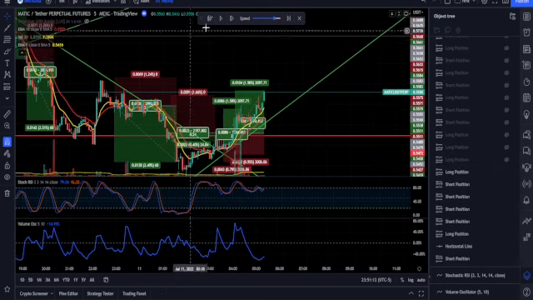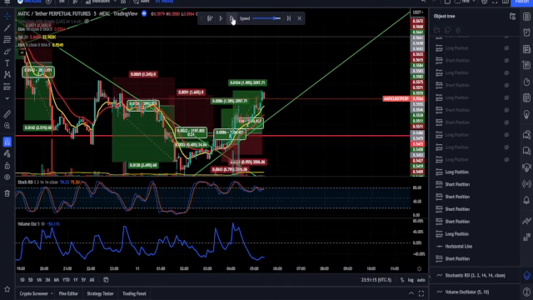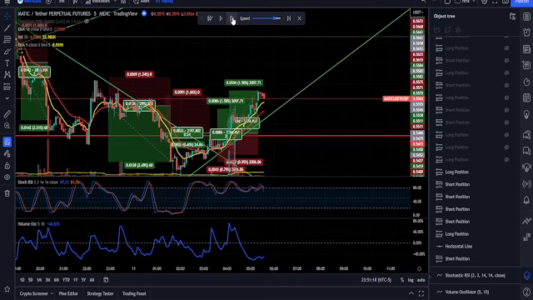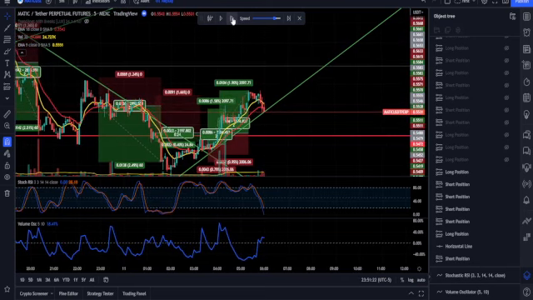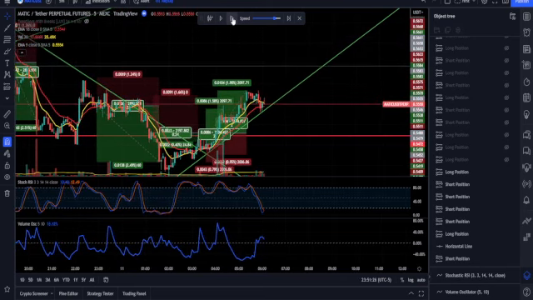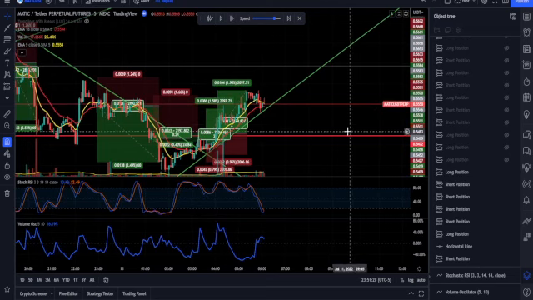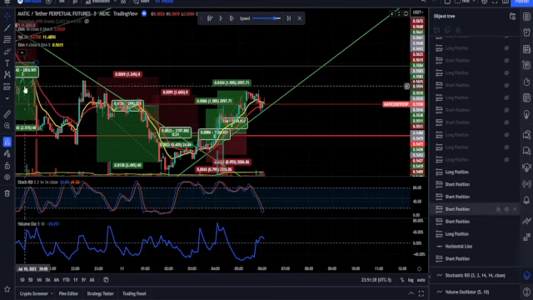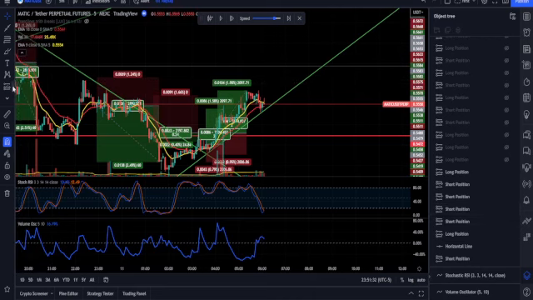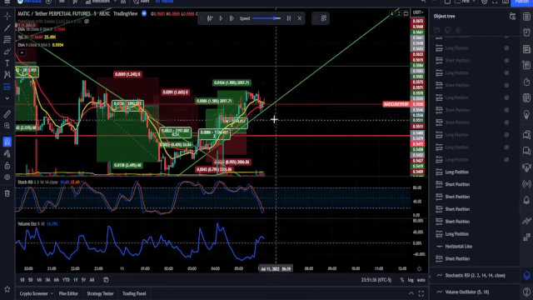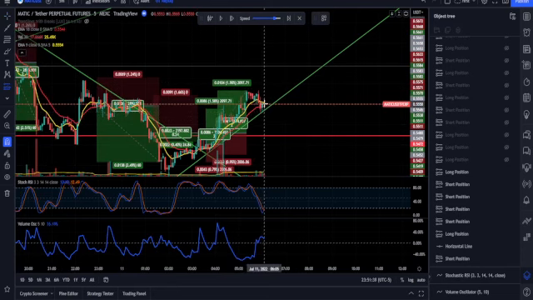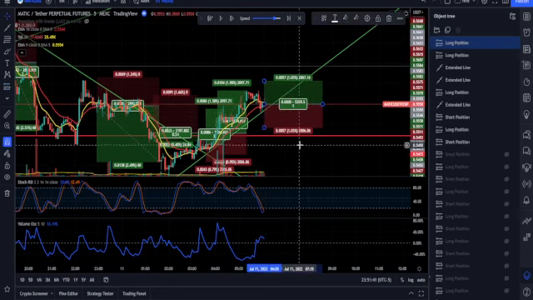Yep. So we come down, we're gonna test our trend, and there we test and we reject. So at this point, not saying we will, but we've got a pretty clear rejection. We can enter a trade.